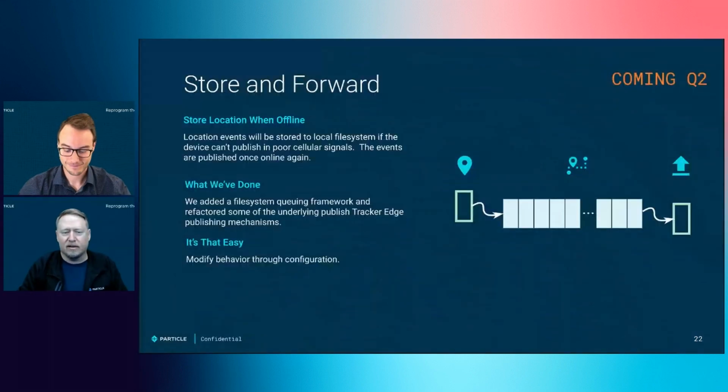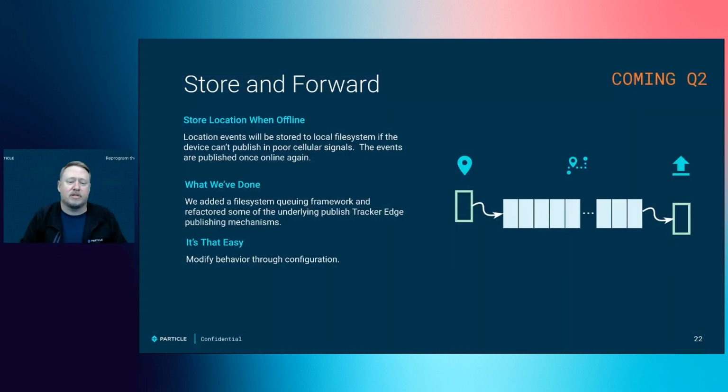Sure. Thank you, Dan. Well, I'm happy to announce that we're working on Store and Forward, and this is a store publish message system that works for times of poor connectivity so that messages can be stored in the file system and then later retrieved when you're back online.